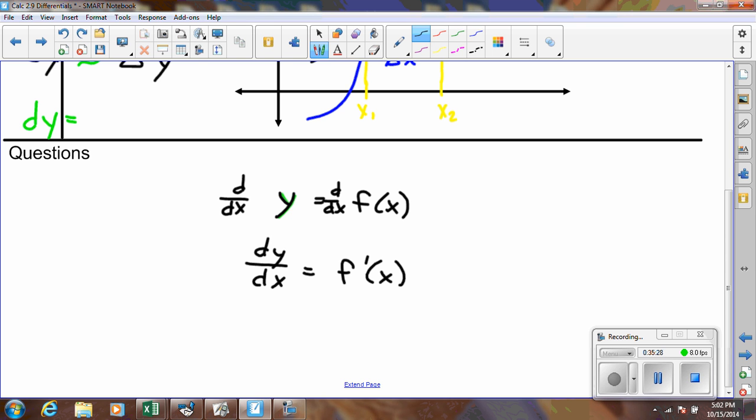All we're really doing is saying, I'm going to take the dx and multiply it because dx is not 0. And then dy we can calculate by taking f prime of x and multiplying it by dx. The rise is equal to the derivative multiplied by the run. That's what we wind up getting here.